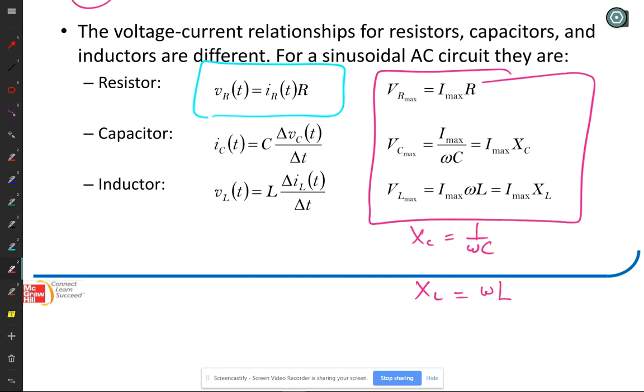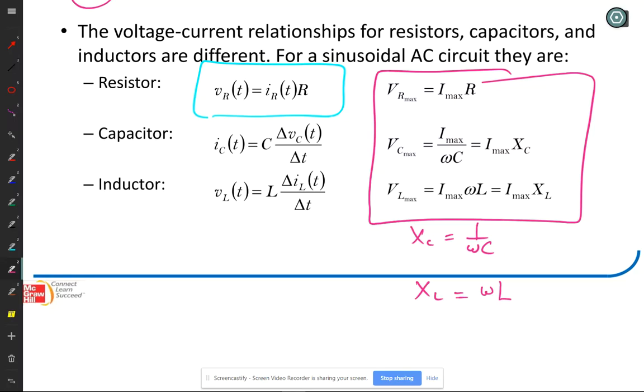So this reactance, how they react, if the frequency is high, which one of these devices does virtually nothing? If omega is large, which one does basically nothing? If omega is very large, X_C becomes approximately 0. So a capacitor behaves basically like a wire at really high frequency.